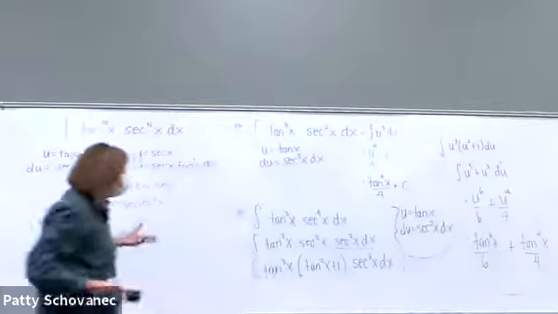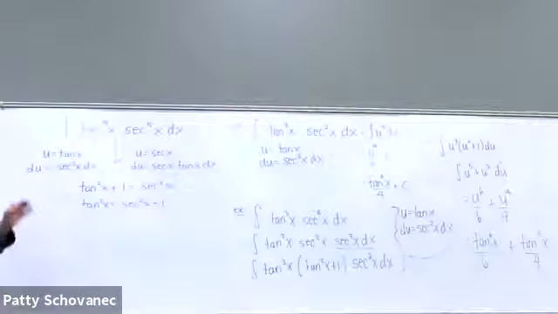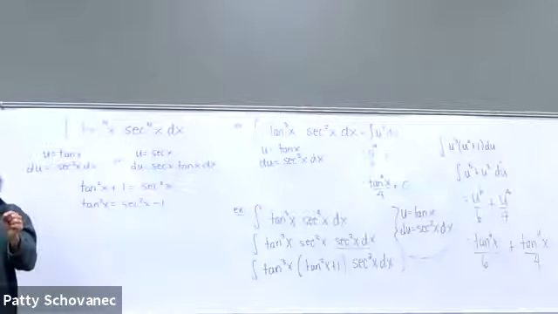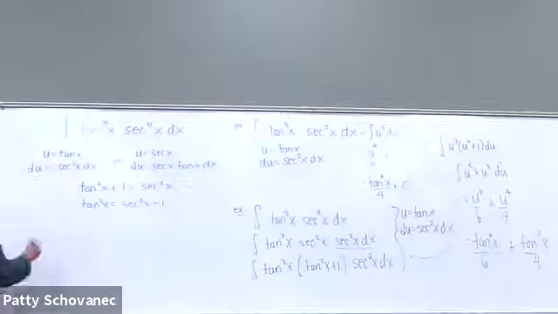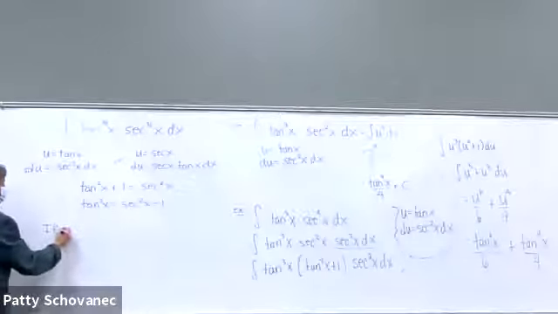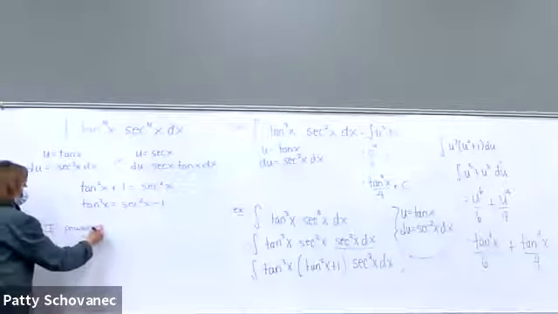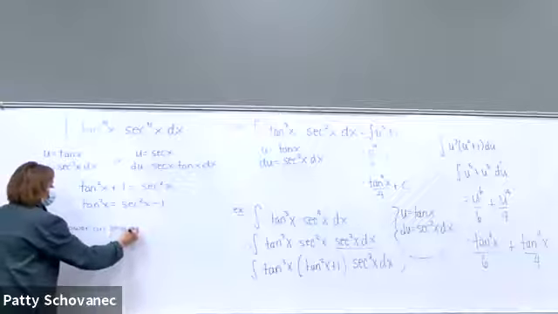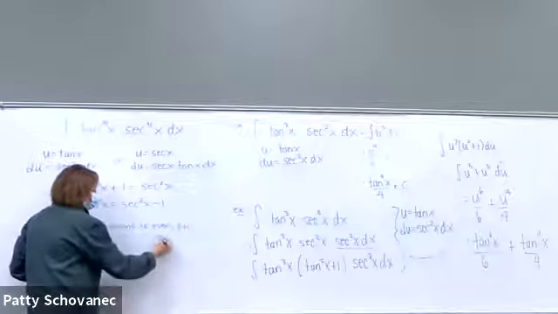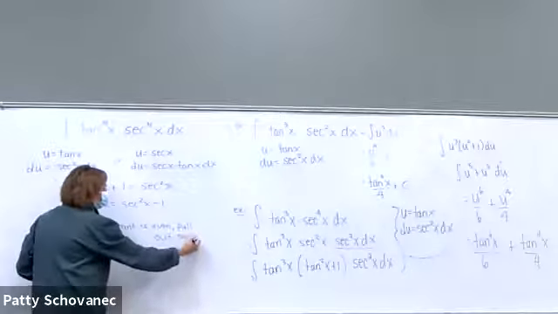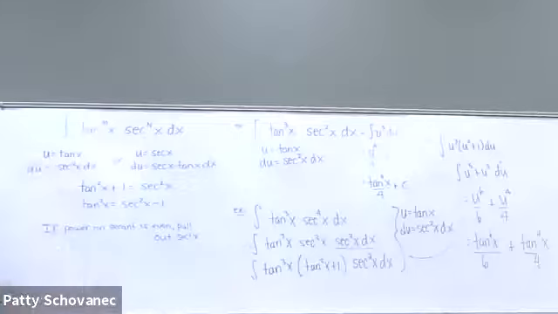So what you needed in order for this to work is if the power on secant is even, pull out a secant squared. If the power on secant is even, who cares what the power on tangent is? If secant has an even power, pull out a secant squared, and then let u be the tangent.